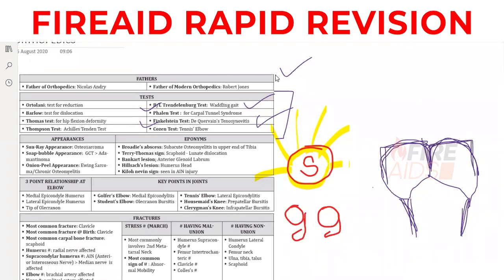So you must remember onion peel appearance is Ewing sarcoma. Never forget it. It can also be chronic osteomyelitis, but most of the time it is Ewing sarcoma. So commonly if they ask what is onion peel appearance, you have to say it is Ewing sarcoma.